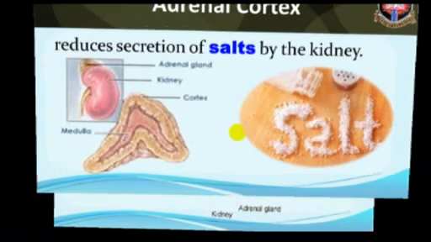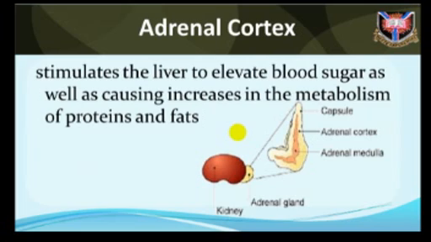It also stimulates the liver to elevate blood sugar, as well as causing increases in the metabolism of proteins and fats. Oversecretion of glucocorticoids causes Cushing's syndrome, characterized by painful deposits of fat on the face (moon face), muscle wasting as a result of excessive protein catabolism, among others.